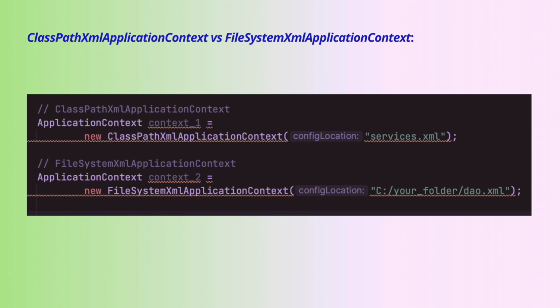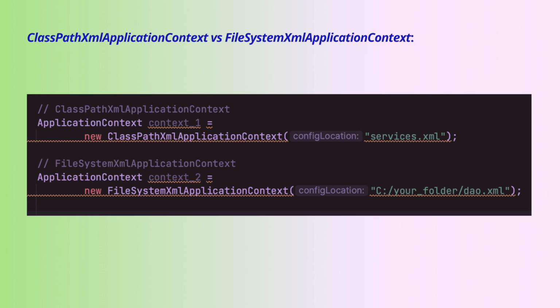Whenever you are creating any project, you have the basic folder structure of that project, and that will be considered as class path. Now for file system path, for example, your project is located at floor 1 and you are accessing your file in floor 2. So you need to provide the direction of floor 2.